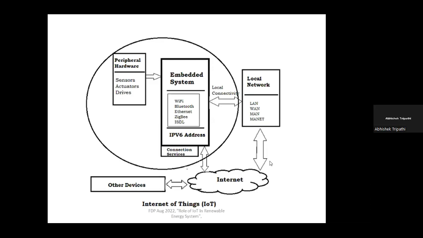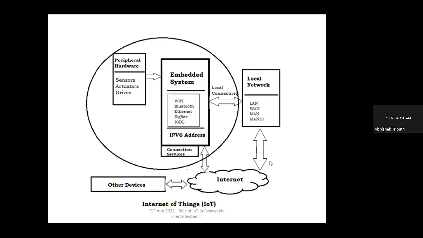Then it will be an embedded system computing kind of device. It is enabled with Bluetooth, Ethernet, and Zigbee kind of communication protocols. And there will be IP version 6 addressing to address a larger number of devices. We can connect with peripheral devices, and with sensors and actuators. So this is the inside of any smart object.